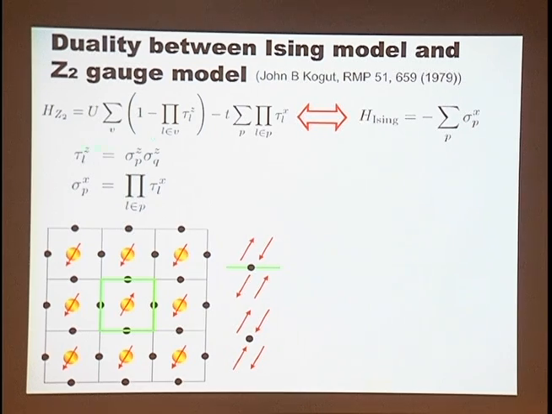Then this relation means, for example, if I flip spin sigma x here, I create a domain. So this tau is really like the domain. When the tau spin is down, there's one domain. When the tau spin is up, there's no domain. This map also means that if I have two parallel spins, there's no domain. If these two spins are mismatched, there's a domain. So that's why such a relation will work.